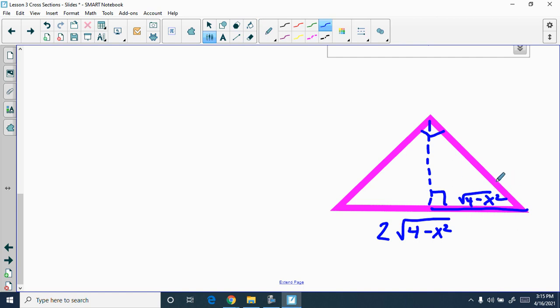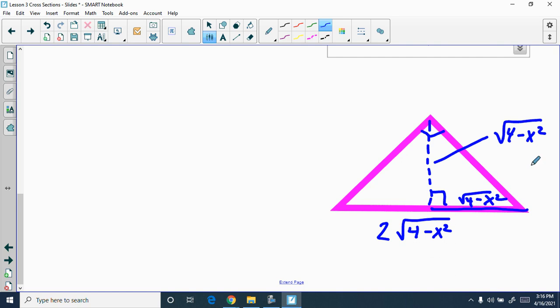So a property of 45, 45, 90 triangles, which this little triangle that we just created is also, is that the legs of the triangle are going to be congruent. So if this leg is the square root of 4 minus x squared, then this leg of our little triangle would also be the square root of 4 minus x squared, which is the height of the bigger triangle.